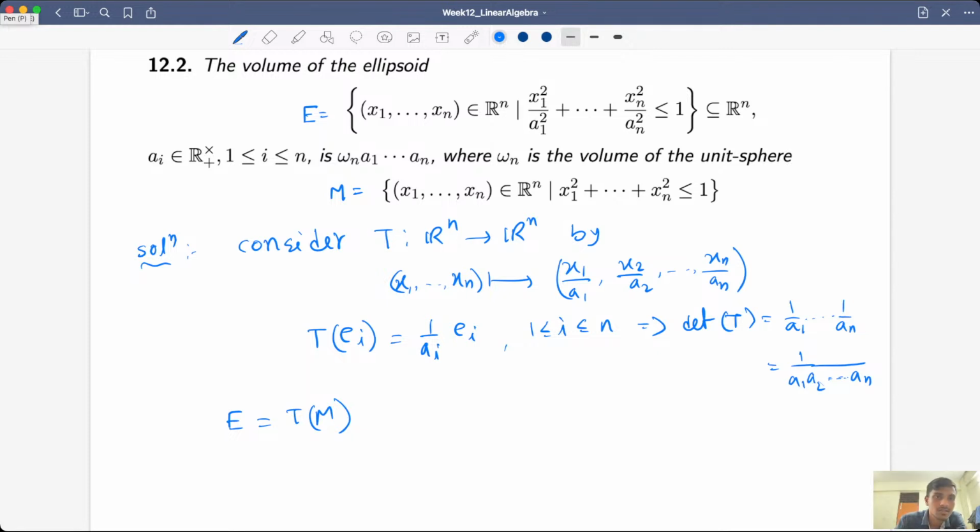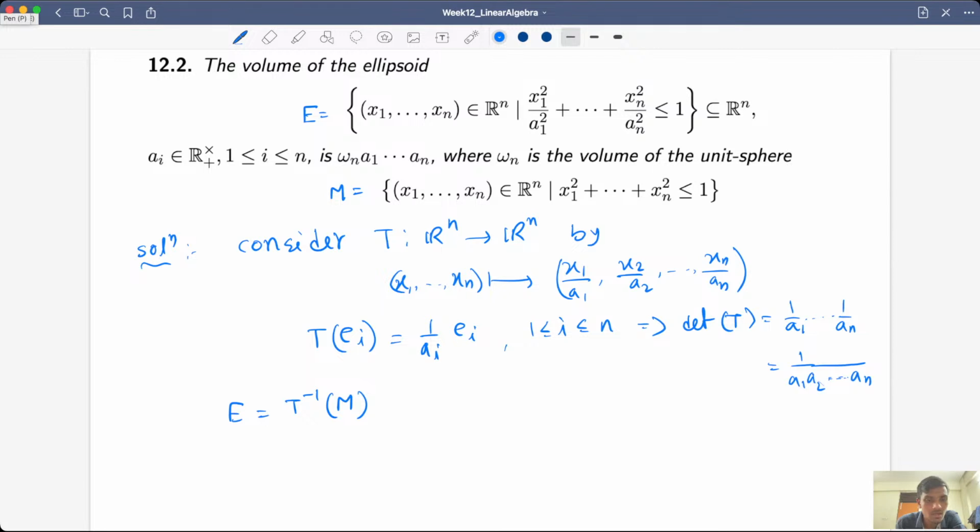Okay, this is not the case, the opposite is the case. E is actually T inverse of M, and the determinant of T inverse is the determinant of T, whole inverse, right? So the determinant of T inverse is a1 a2 up to an. So I could have directly defined this T as x1, x2, xn going to a1 x1, a2 x2, an xn. Then clearly we see E is T inverse of M.